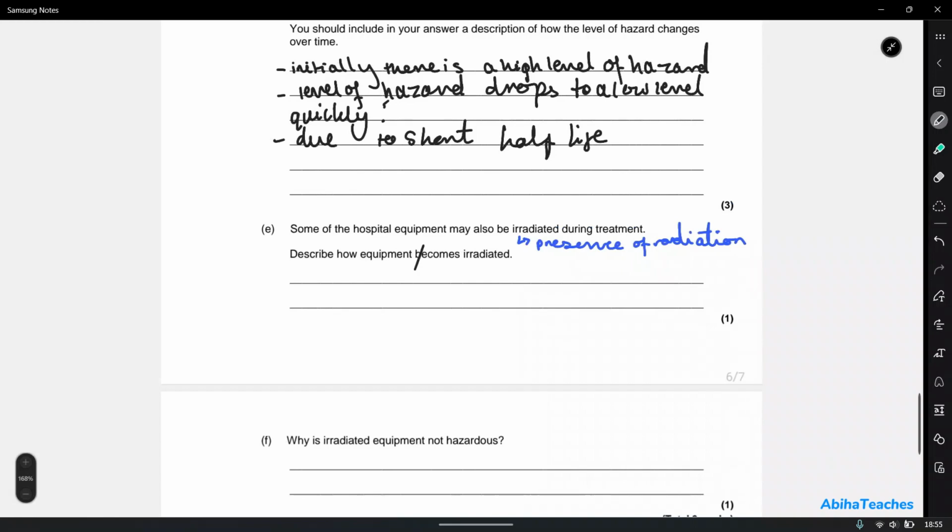Contaminated is the direct touch or the direct effect of a radioactive substance. So equipment becomes irradiated when it is exposed to ionizing radiation. And why is irradiated equipment not hazardous? Because it doesn't become radioactive.